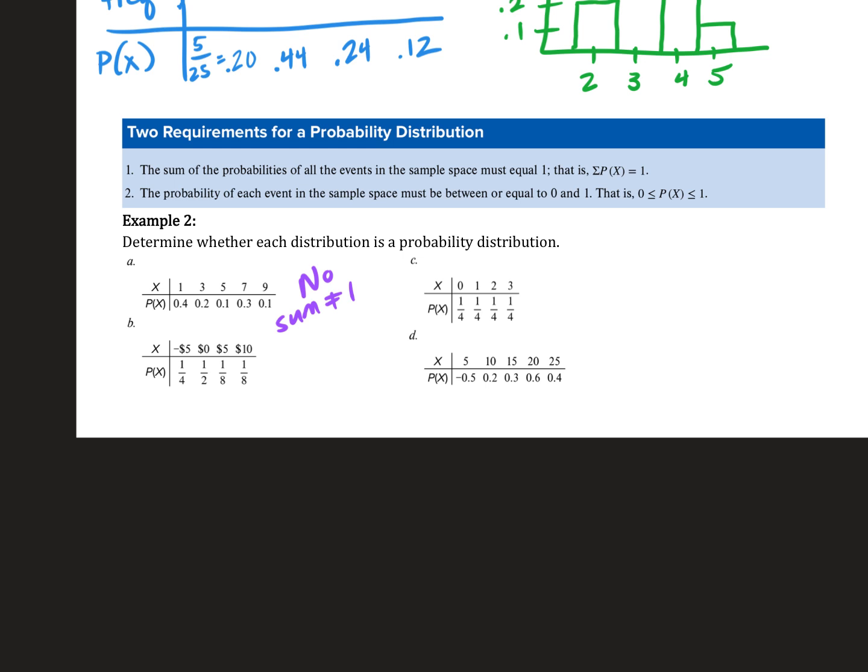How about letter B? Yes. If I ask why or explain your reasoning, it's because the sum equals 1 and all probabilities are greater than or equal to 0. So you cannot have negative probabilities.